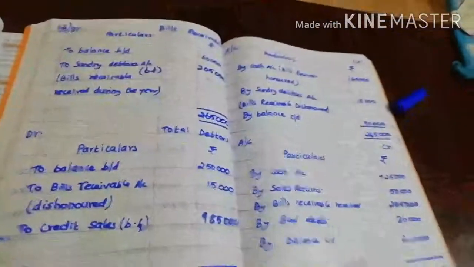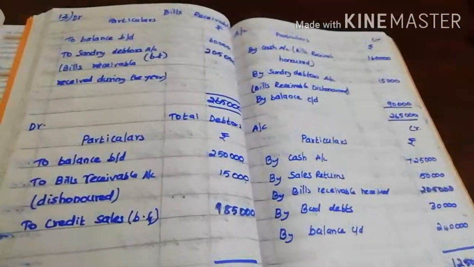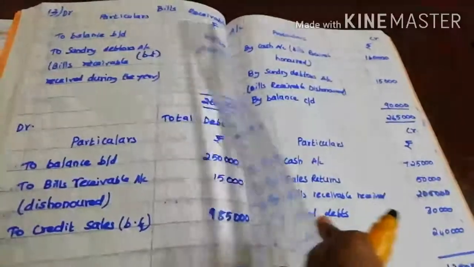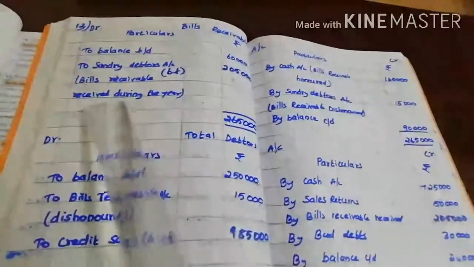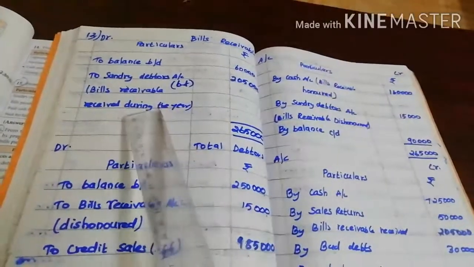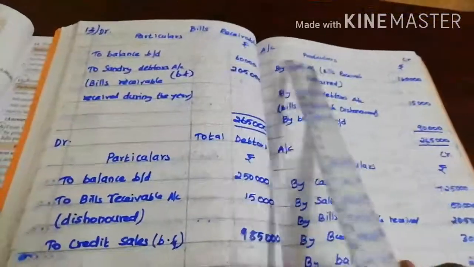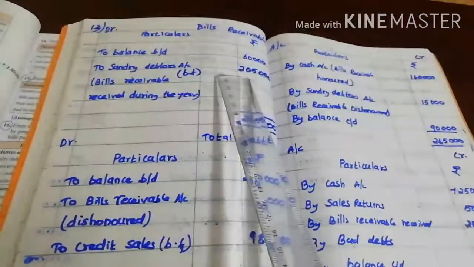I repeat, they have asked you the total sales. For that we have to prepare the bills receivable account and the total debtors account. Bills receivable received during the year is not given in the sum, so we prepared the bills receivable account to find this missing information.